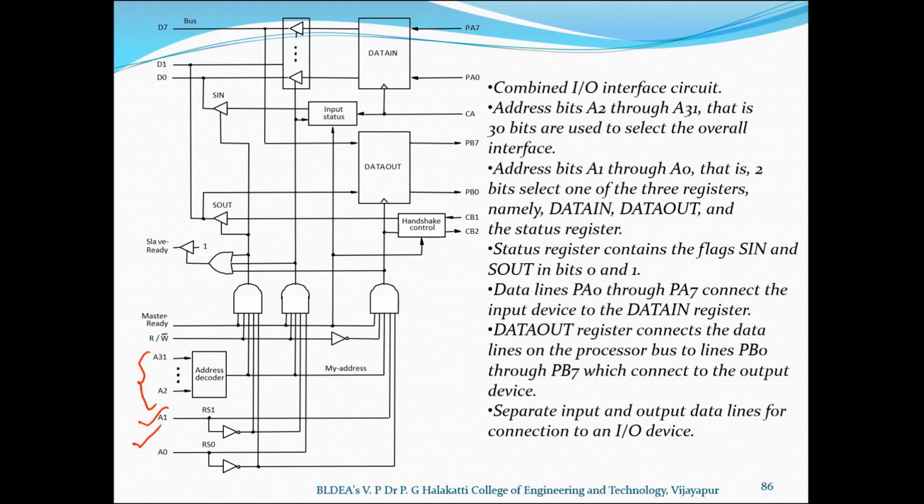And the data lines, we have shown here as PA0 through PA7. They connect the input device to the data in register. The data out register connects the data lines on the processor bus to lines PB0 through PB7, which connect to the output device.